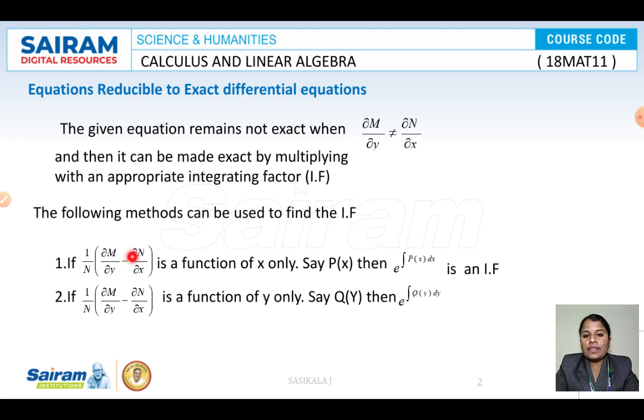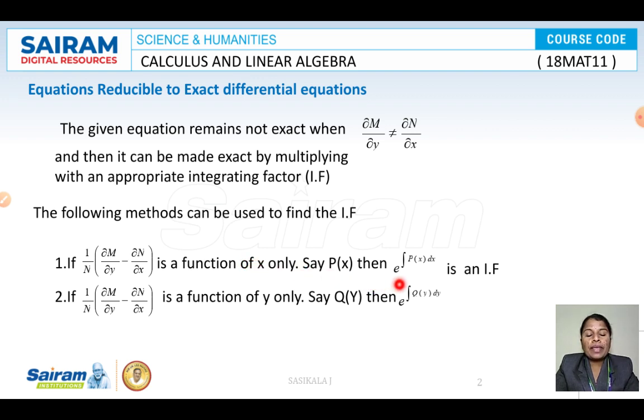First, find the difference of these two, that means ∂M/∂y minus ∂N/∂x. Then check whether it is near to the N value or the M value, and accordingly you can write it. If near to N, you divide by N, and it is a function of x only. It should be a function of x alone, and we can write it as p of x.